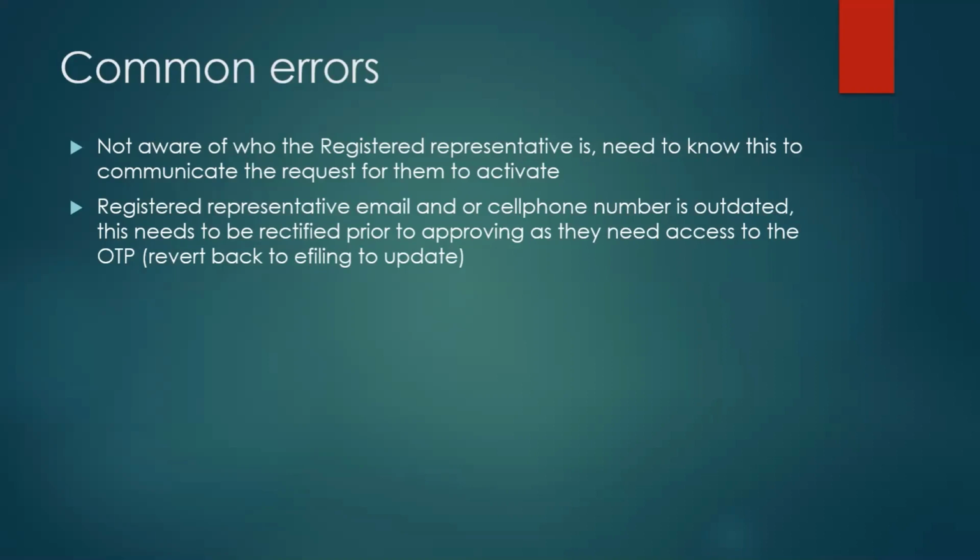In some instances the registered representative is no longer in South Africa, so they would need to update their email or their cell phone number. But of course, the text messages and the OTP are not sent to foreign numbers, so they would need to ensure that their email address is updated in order to authorize and action this.